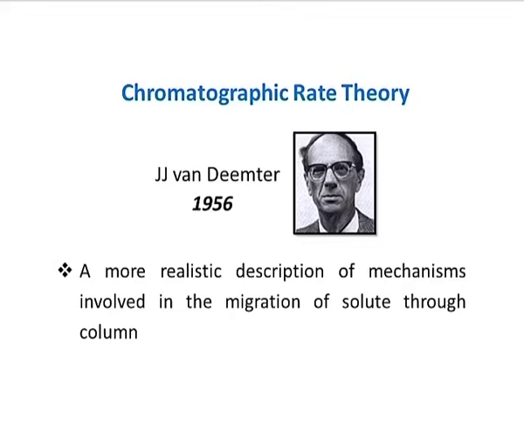So, because of those inherent limitations of plate theory, Van Deemter in 1956 brought about a new theory which was called rate theory or chromatographic rate theory. It is a more realistic picture. It talks fundamentally about the mechanisms which underlie a separation process.